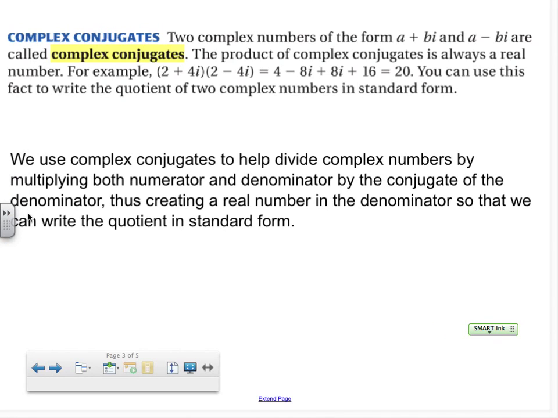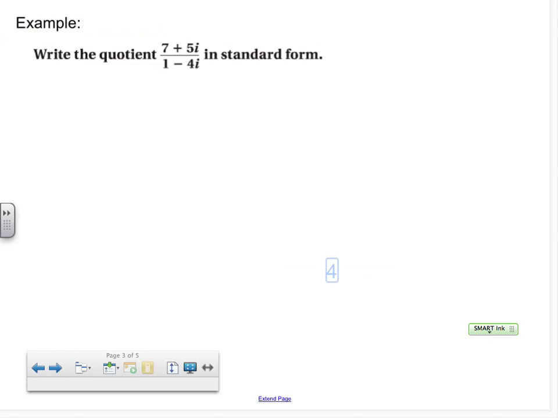So we can use complex conjugates for dividing complex numbers by multiplying both numerator and denominator, creating a real number in the denominator. All right, so let's look at what we mean here. So here we have an example. Write the quotient in standard form. 7 plus 5i divided by 1 minus 4i. We want to get it so that there's just a number in the denominator.